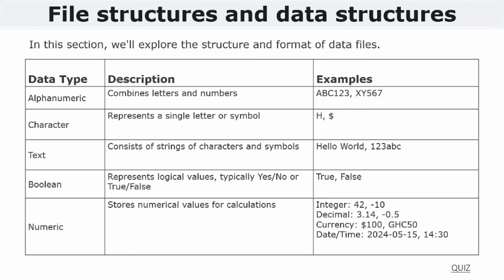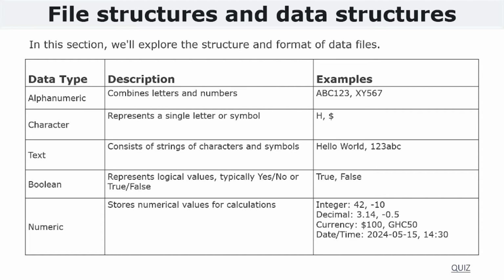In the same sense, every system has some data structures that help it to work accurately. So we have the alphanumeric, an example of which is just a combination of letters and numbers. Characters are basically letters or symbols.